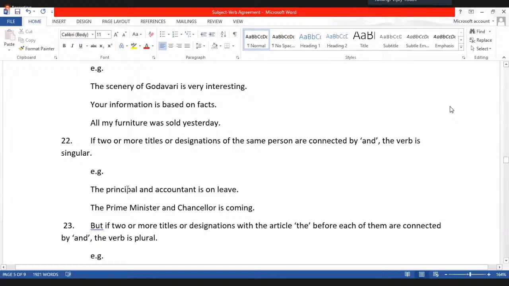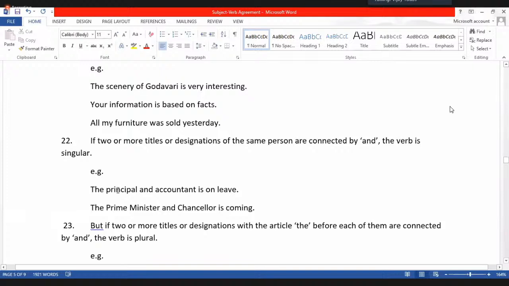So here, principal one post, accountant another post, and before the first one, we have the. It means single person, same person. Person is only one, and the same person is principal, and the same person is accountant. It means he or she has double responsibilities. So that's why person is single.